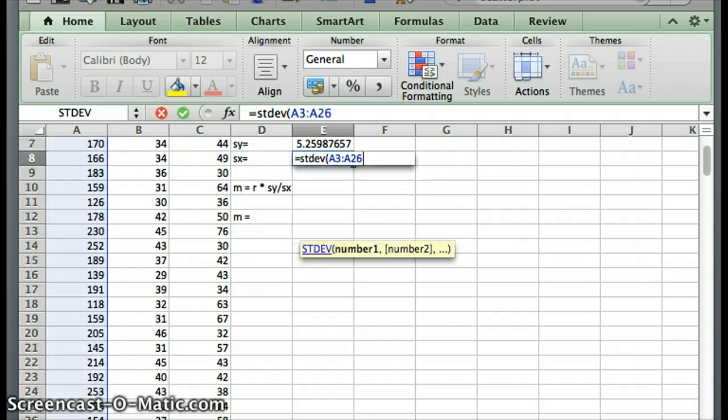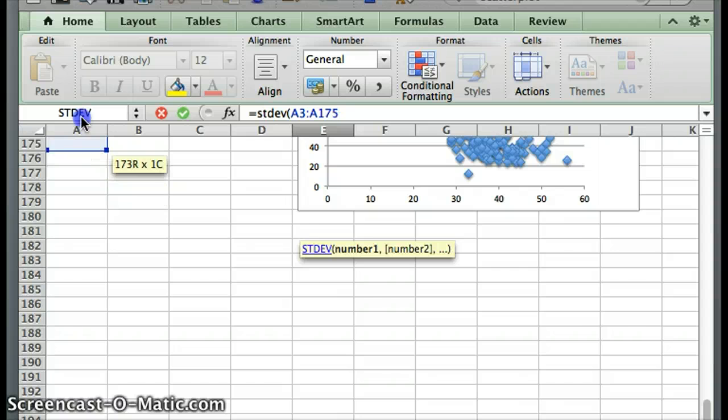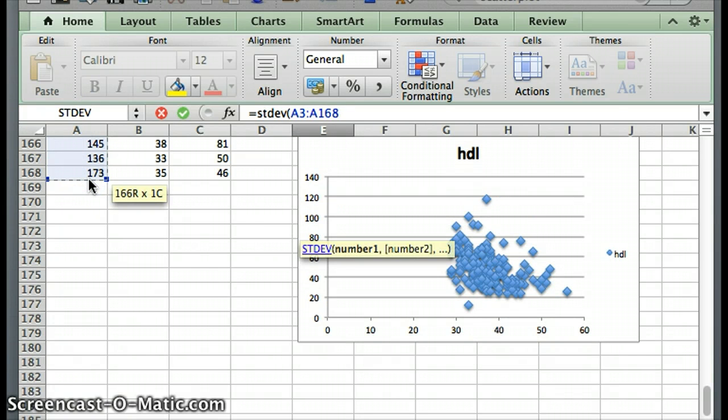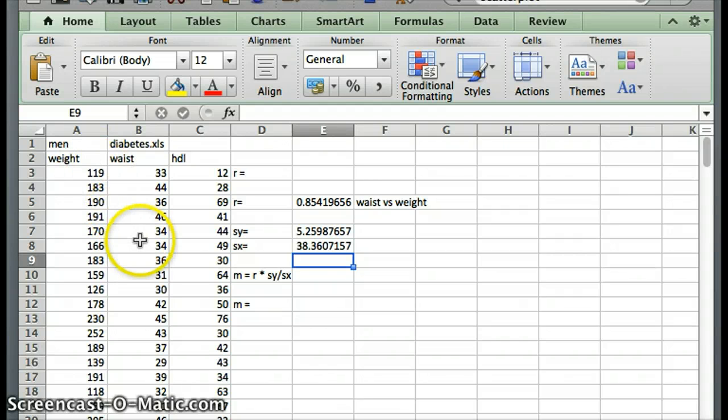Let's go ahead and compute all the numbers for weight. And we get a standard deviation for weight of 38 pounds, standard deviation of waist size of about 5 inches.